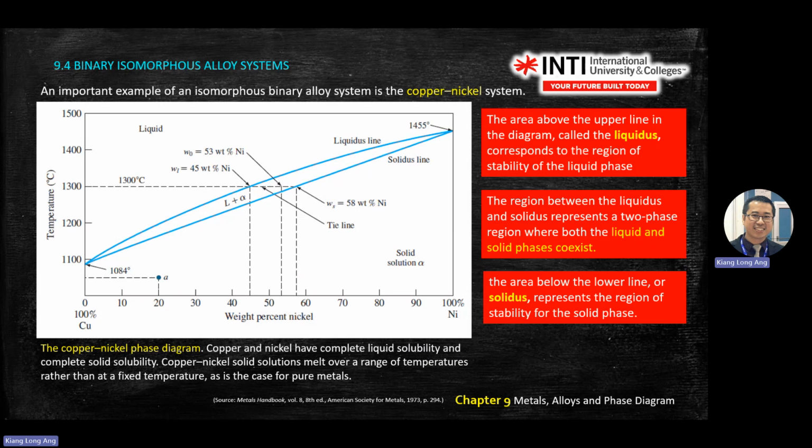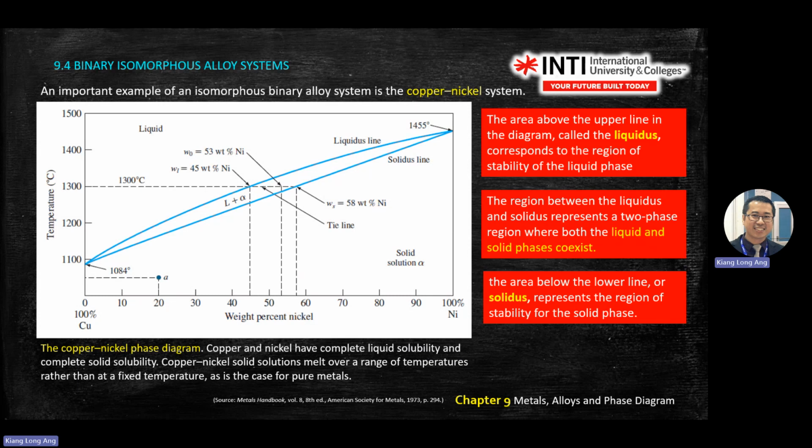This one is the lowest melting temperature it can go. The highest is 1455 at 100% nickel. At different concentrations, there are different melting temperatures.